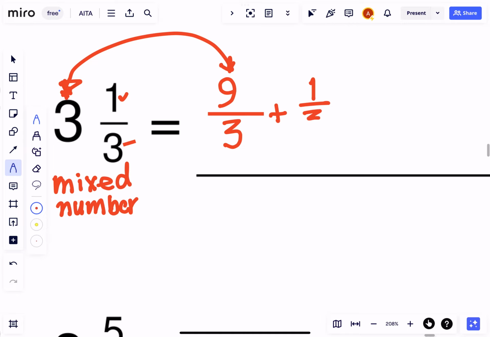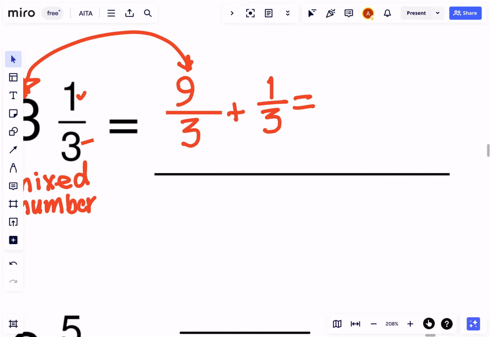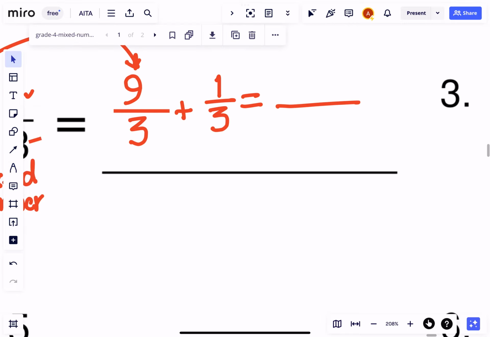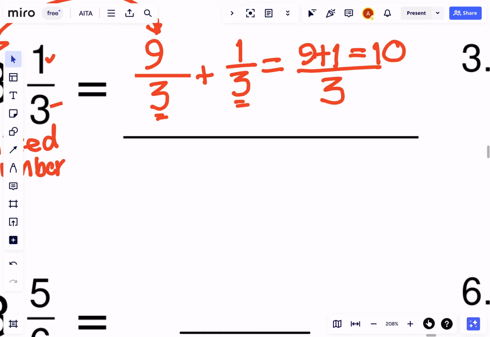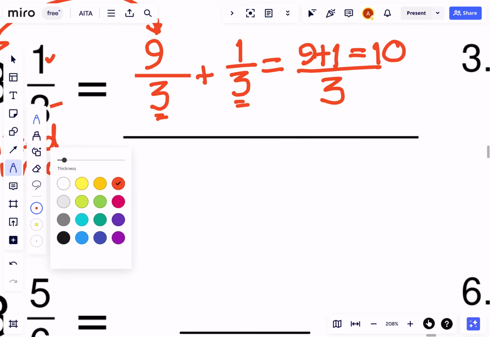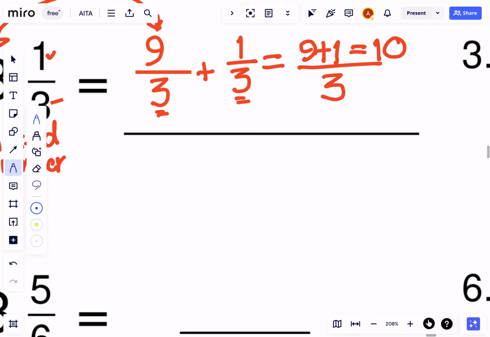So we write 1 upon 3, and because now 3 is the common denominator, we write 3 here, and we go 9 plus 1, which gives us 10. So basically the answer, and you should always write the answer very clearly, is 10 upon 3.